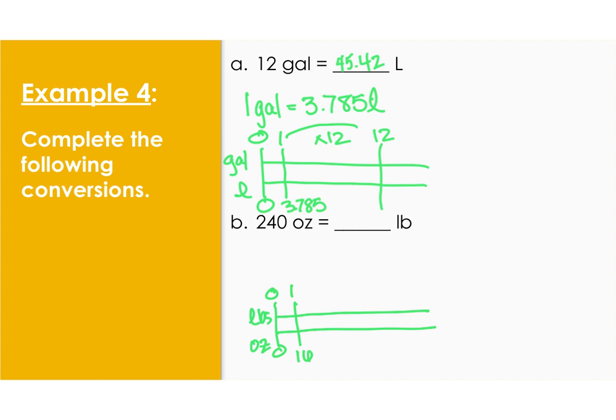And then I need to get to 240 ounces. That is times 15. So that means I am going to multiply by 15 here as well. And that will give me 15 pounds.